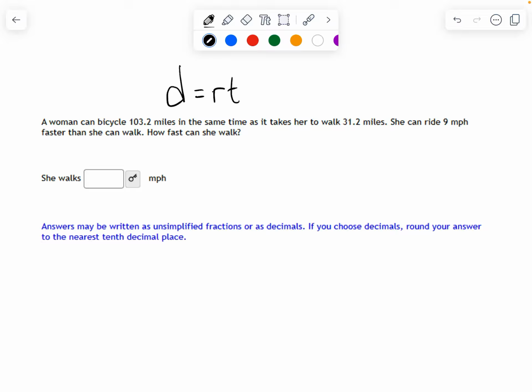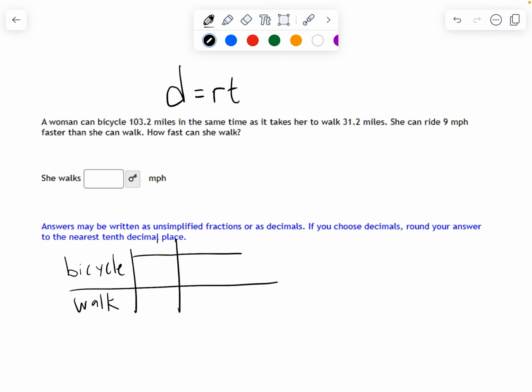Now we have two instances here. And to keep track of all my information, I would highly recommend we make a small table. So we have a woman who can bicycle a distance, and she's also walking a distance. We have distances, rates, and times.